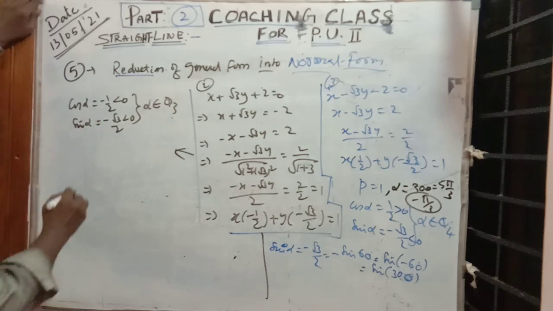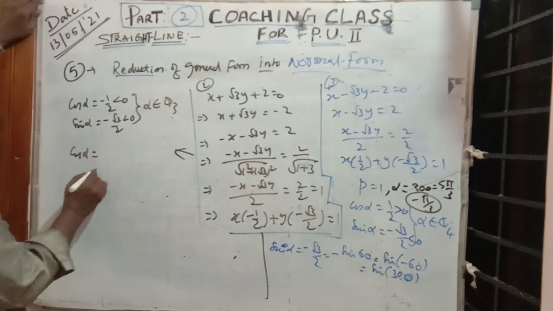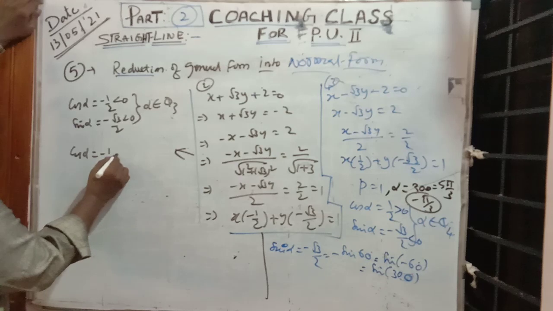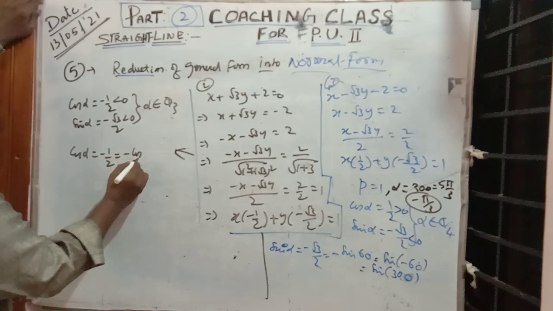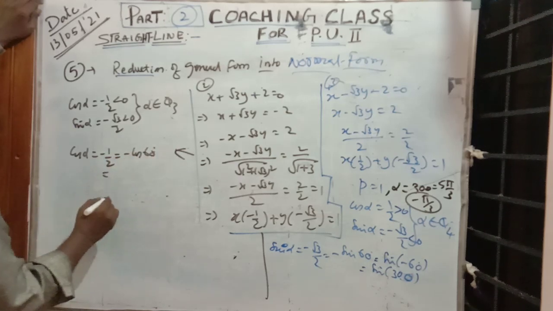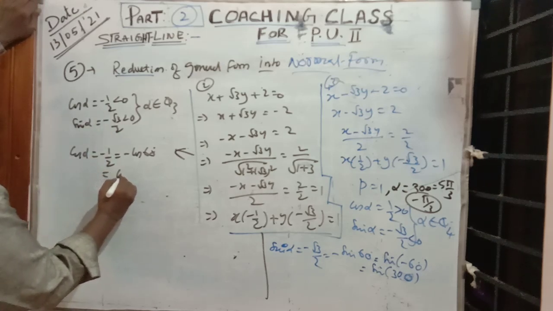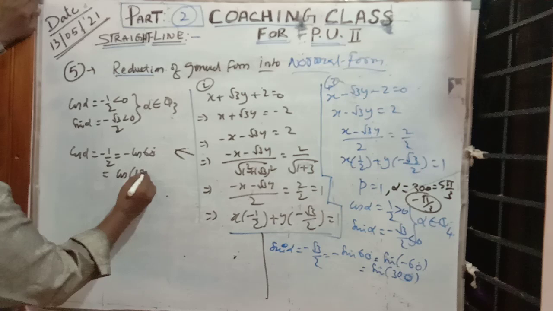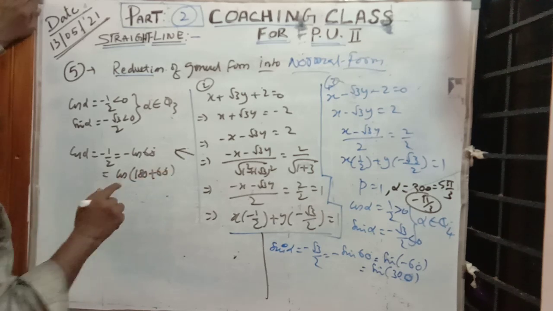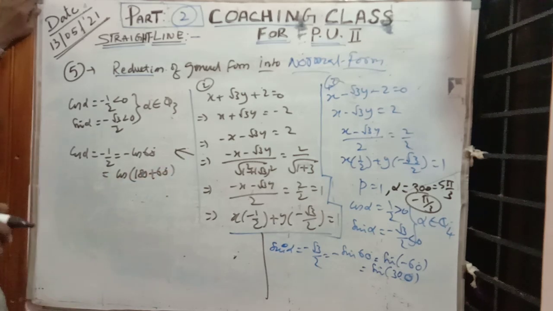Both are negative. Cos alpha is equal to minus 1 by 2, is minus cos 60. Here wrongly given, it is cos of 180 plus 60. There I wrote 180 minus 60. Please note it.